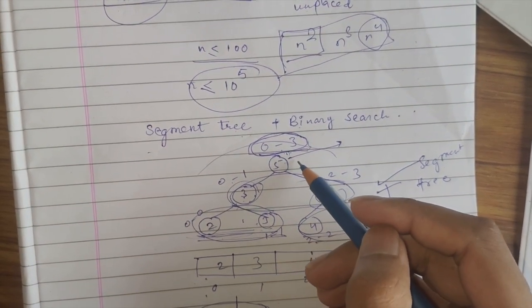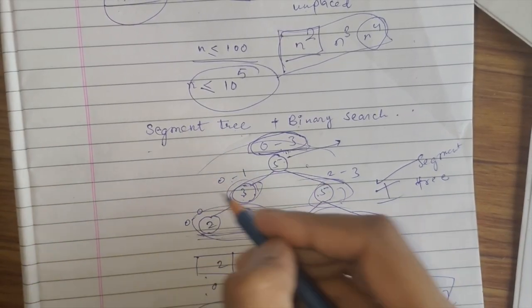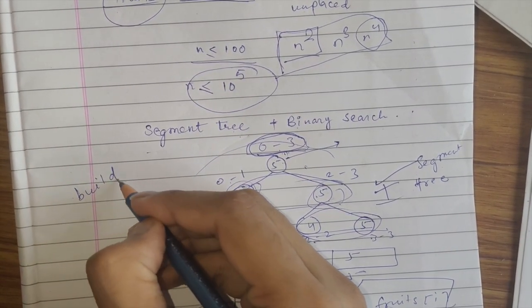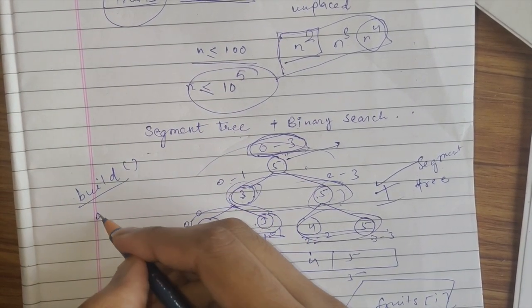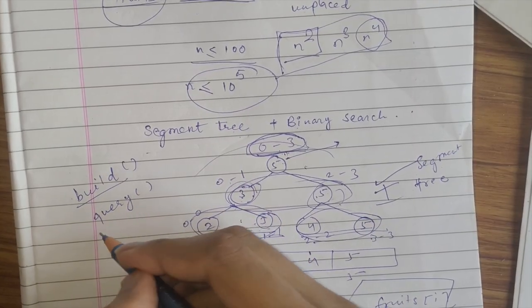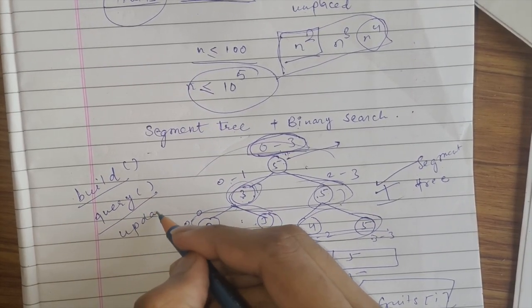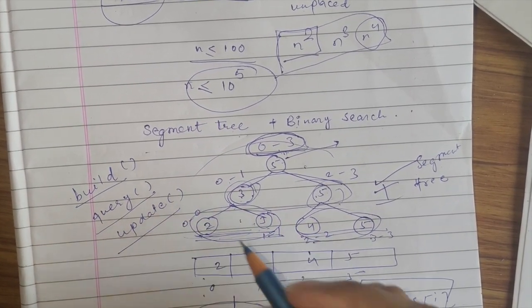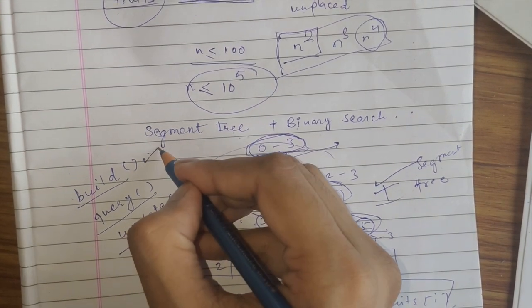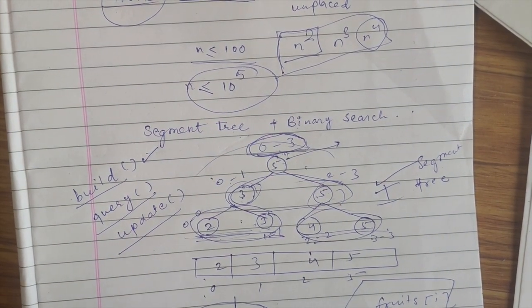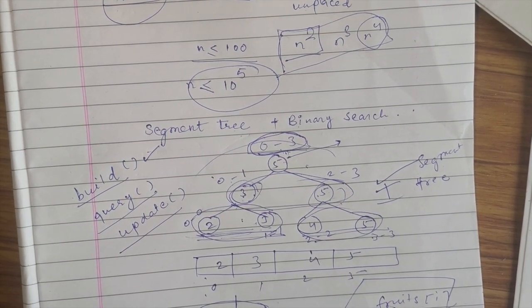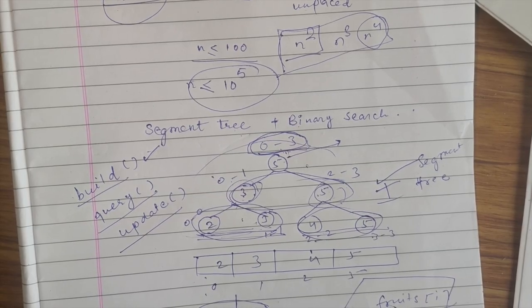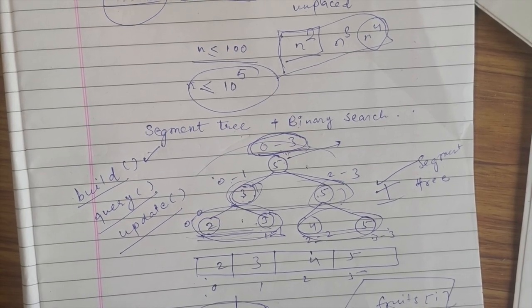In a segment tree we have three functions: one is build, another is query, and another is update. So here we first build the segment tree, and we have a query like 0 to 1, which is the maximum capacity basket.